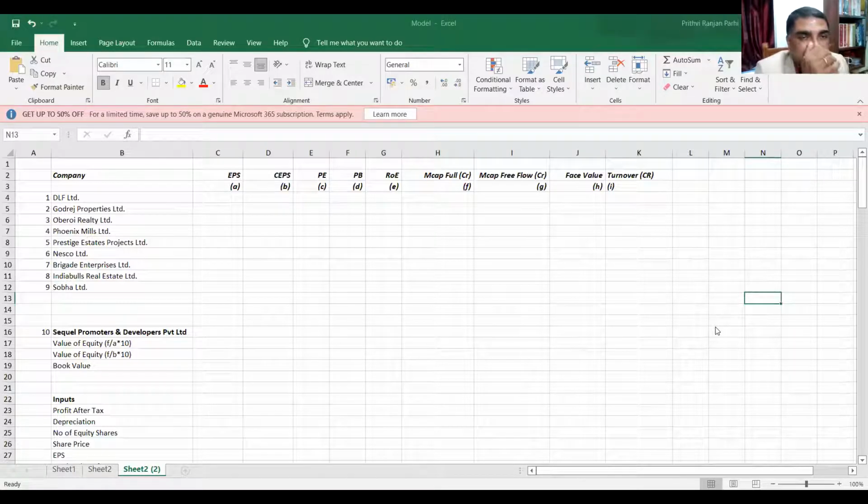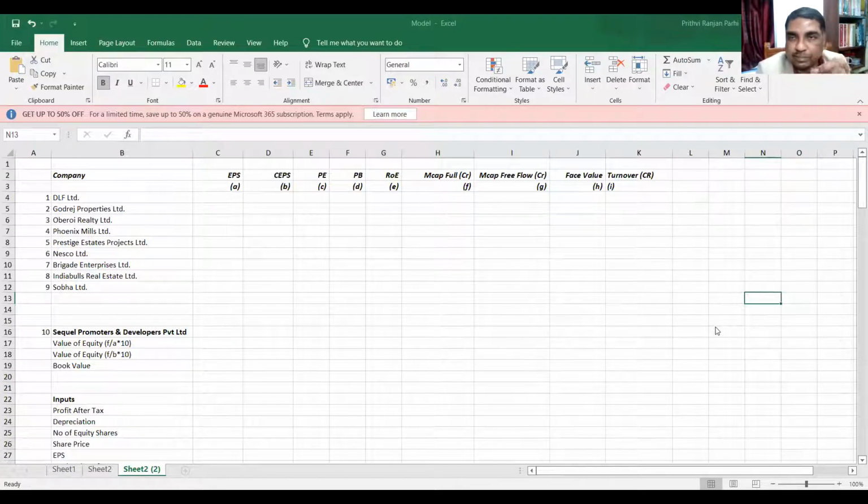Now let us see how to collect data from the market and use it for our valuation purpose. For example, I am showing you some example. Let me share the screen with you right now. Are you able to see the screen? Yes, sir.